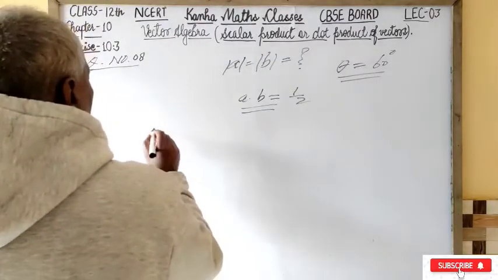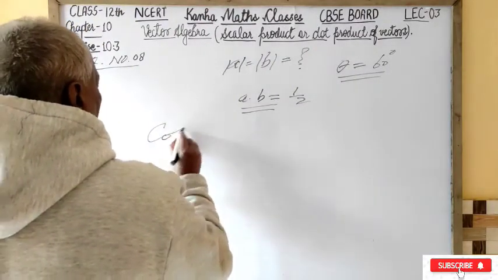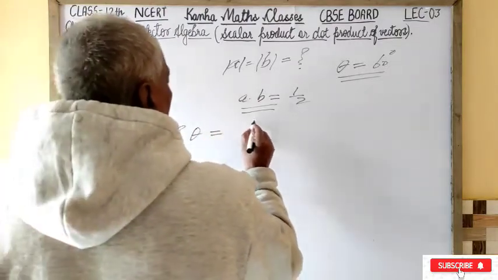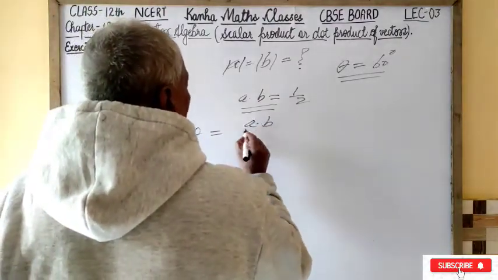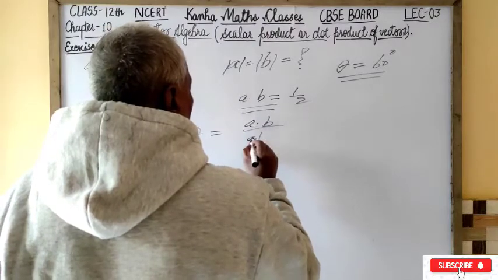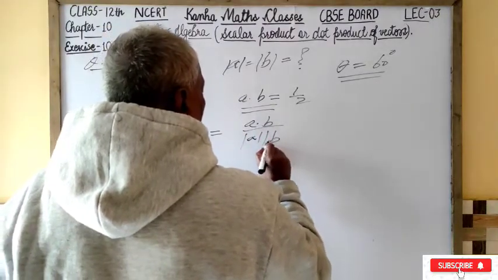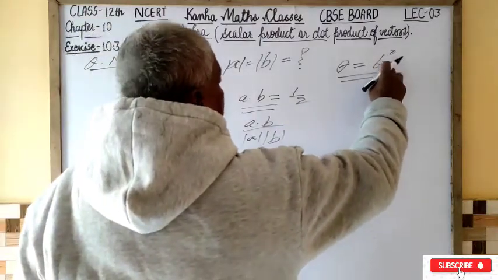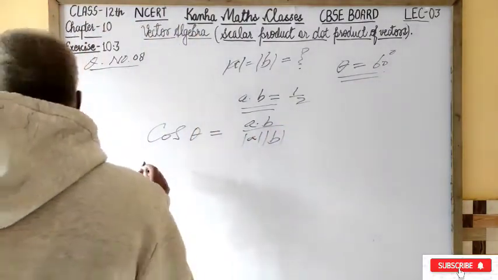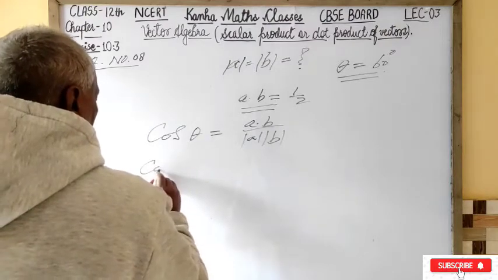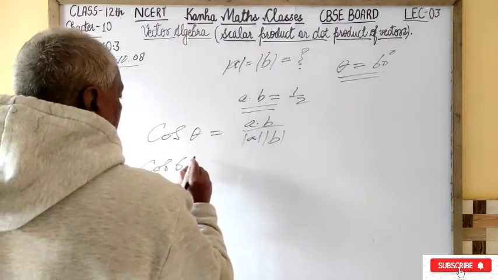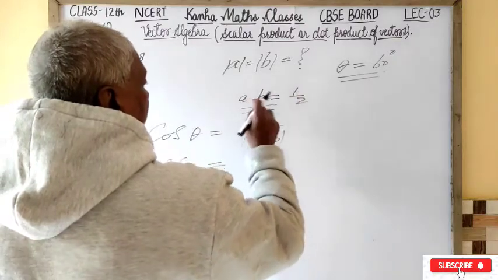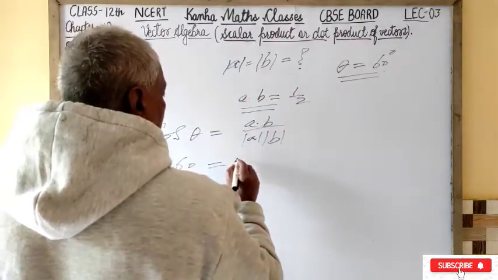Now we know that cos of theta is equal to the dot product upon mod A mod B. The value of theta is given as 60 degrees. We will substitute this here: cos of 60 degrees, and the scalar product A dot B equal to 1 by 2.